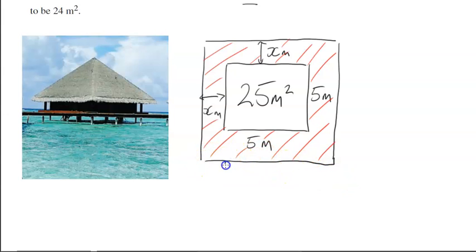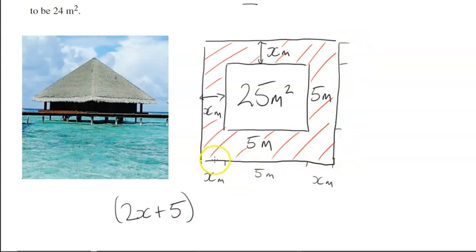Well, we know this part here is 5, this part here is x, and this part here is x, and this is also copied from there to there. So the actual length is 2 lots of x plus a 5. So 2x plus 5 is the side length.